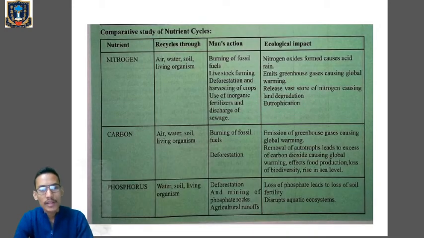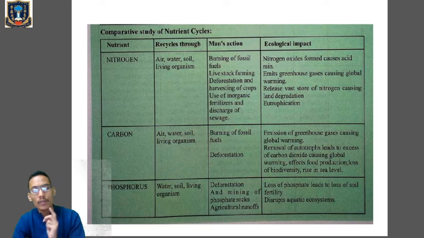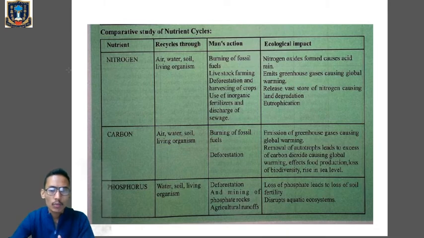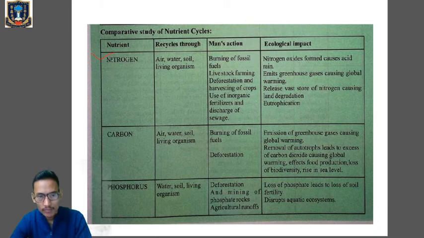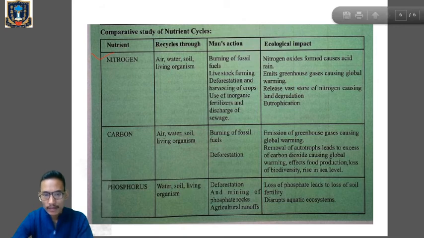So let's go through the comparative study or the anatomy of the nutrient cycles. First one, nitrogen recycles through air, water, soil, and living organisms. So go through the nutrient recycling, man's action and ecological impact. Clear?